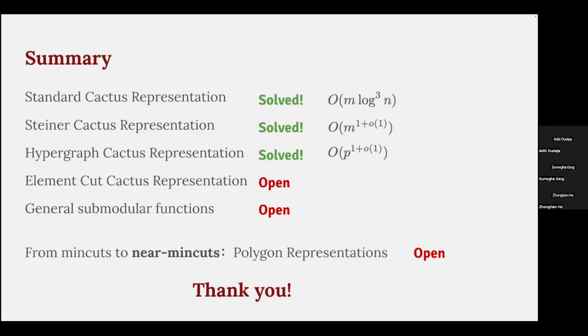The polygons are not arbitrary; they are always convex, and there are additional constraints on them, like being deformable. That might be too detailed, but basically the structure looks like this: some diagonals corresponding to near min cuts, and you can always map the vertices to points on the plane.